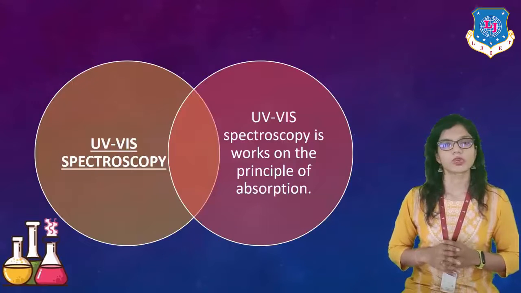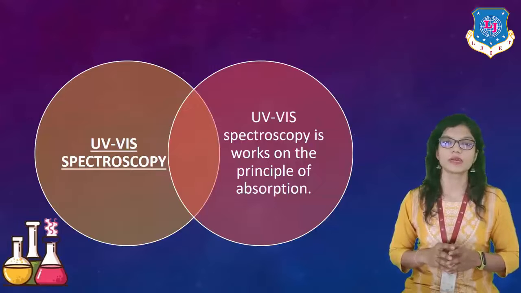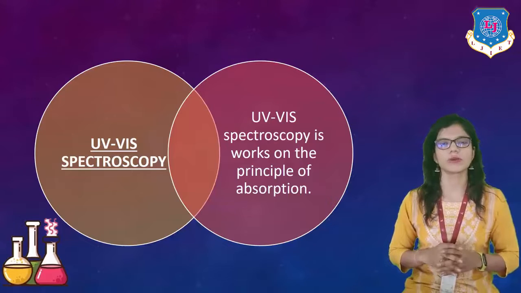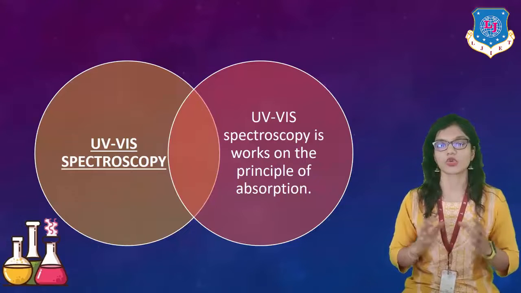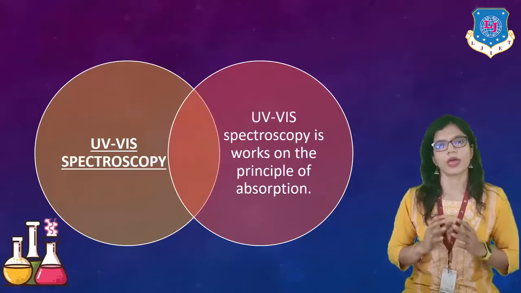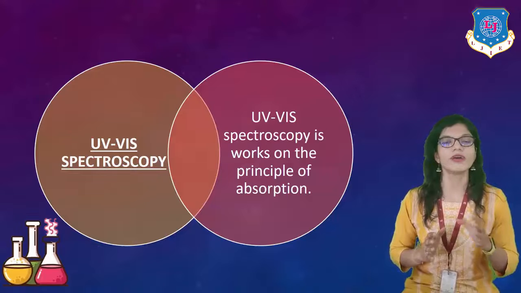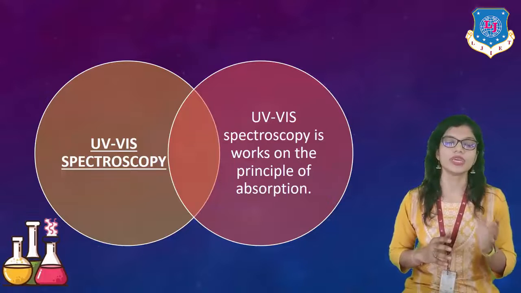Let's begin with the first one, which is known as UV-visible spectroscopy. UV-visible spectroscopy works on the principle of absorption, and therefore it is also known as absorption spectroscopy. So basically, UV-visible uses the range of the electromagnetic spectrum known as UV and visible.